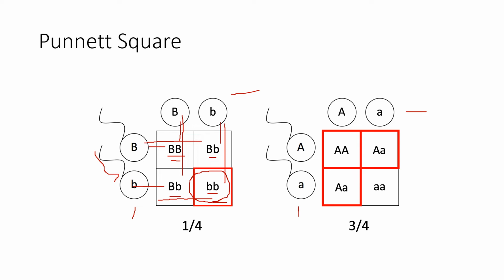Well, it's 3 in 4, or 3/4 of a chance, 75%. Because if you do the pairings here, you see that 3 out of 4 times you're going to get the dominant allele here. And whenever you have the dominant allele in Mendelian inheritance, it will be expressed.